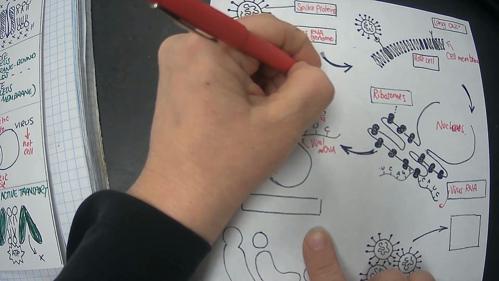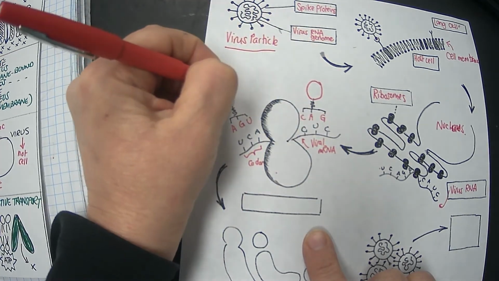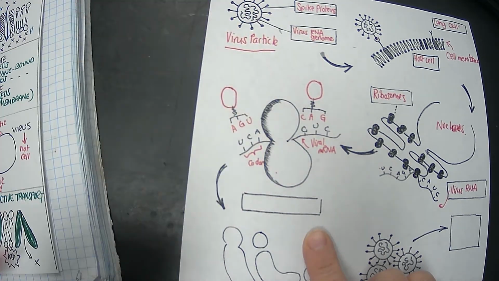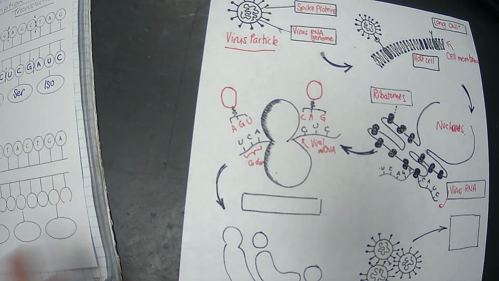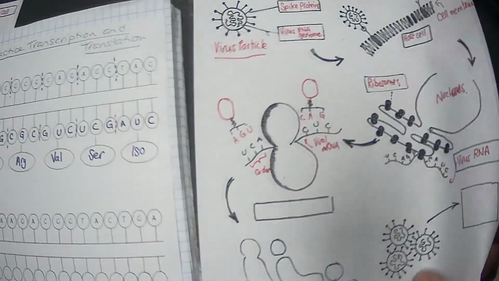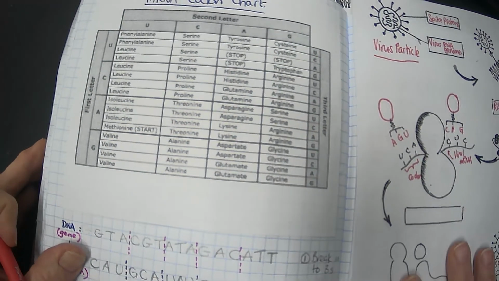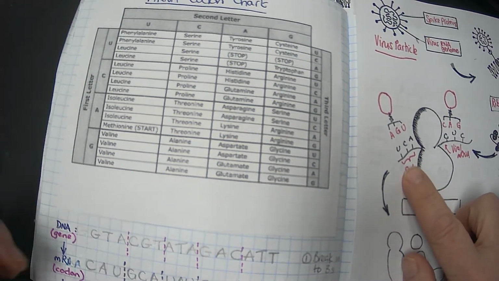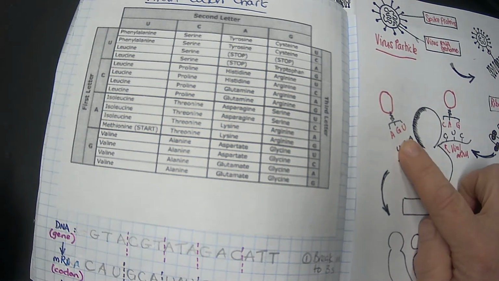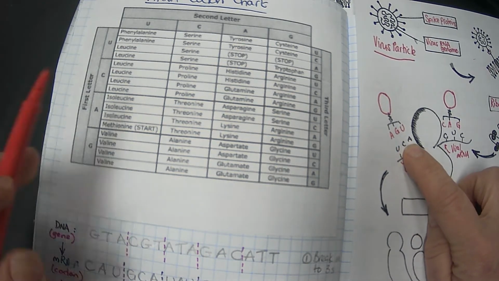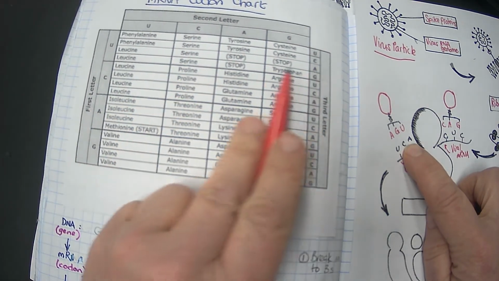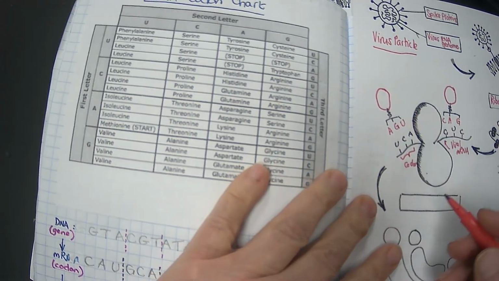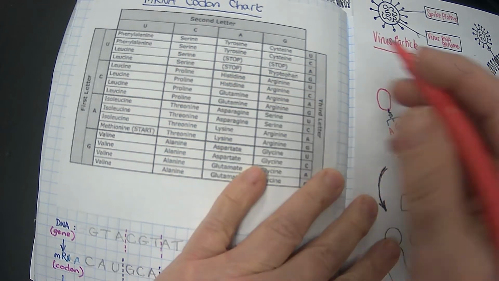Okay? And at the back end of each one, there is our amino acid. Which amino acid is it? Well, I can quickly go over here to my codon chart. Remember, codon chart, so it's the mRNA. So UCA, that one there is going to be serine.